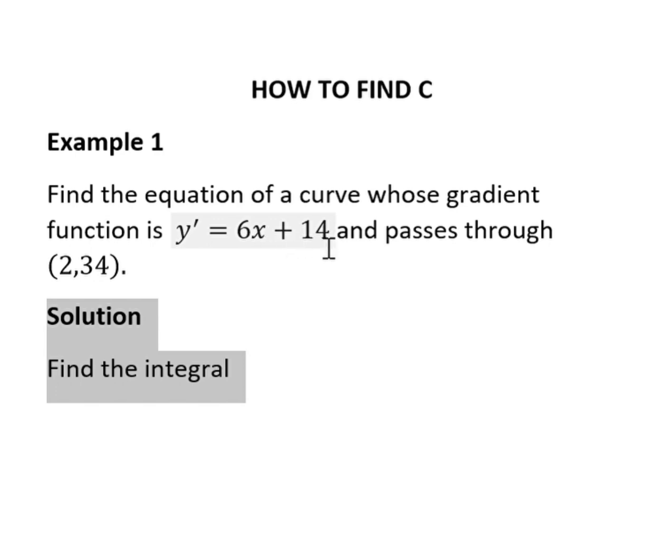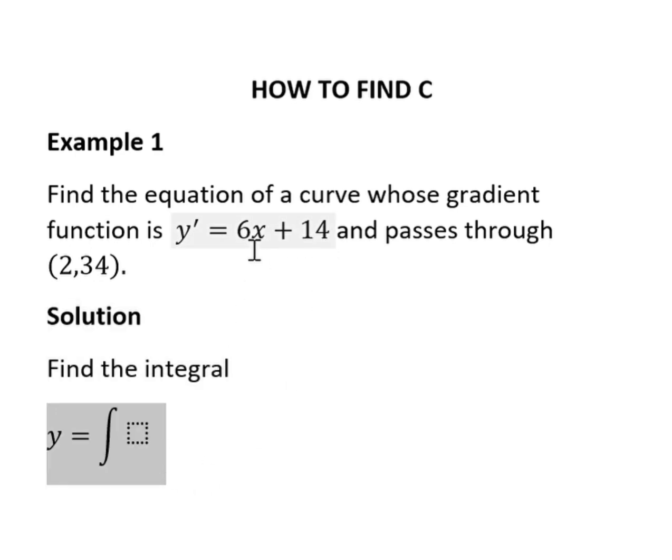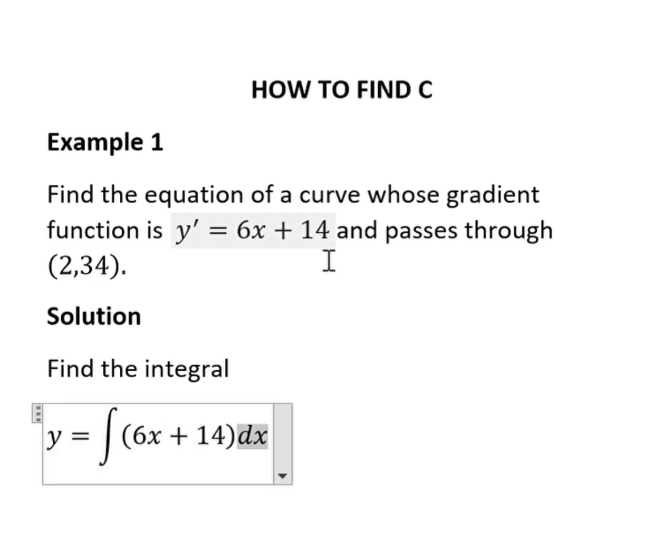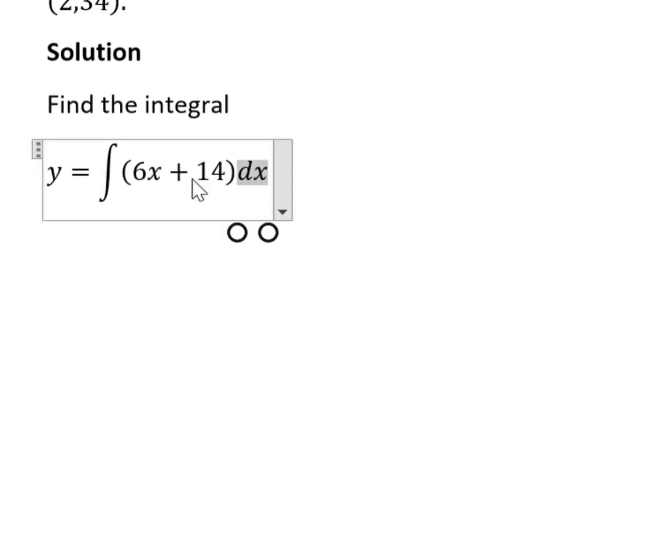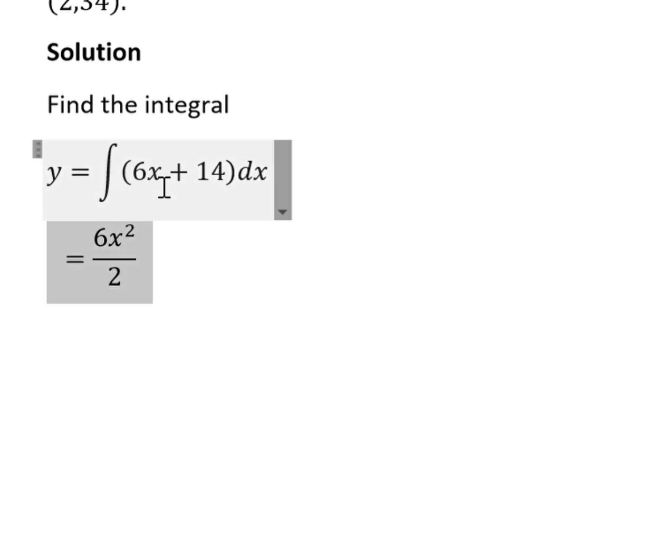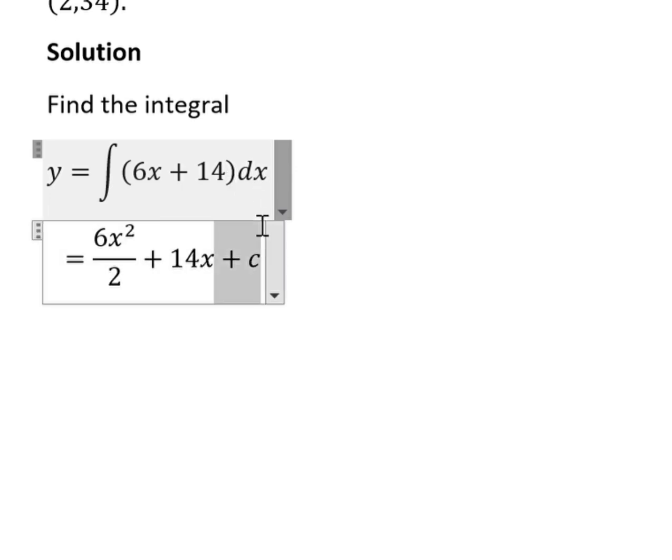So we shall have y being equal to the integral of this equation here, 6x plus 14, with respect to x. If we integrate, this will be 6x squared over 2. So our y will be 6x squared over 2 plus this one gives us an integral of 14x, then plus the constant, the usual constant c.